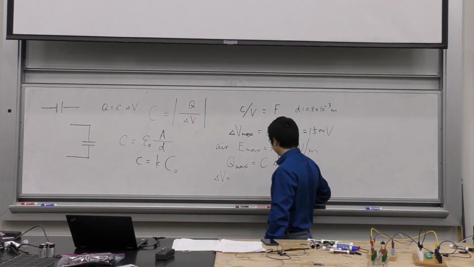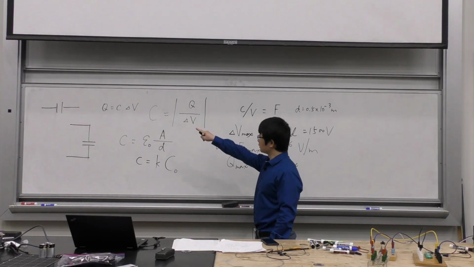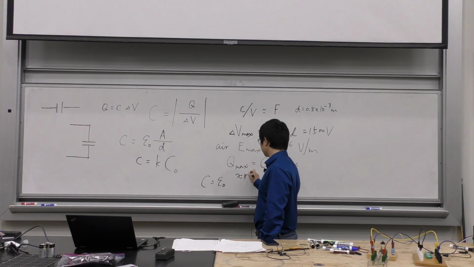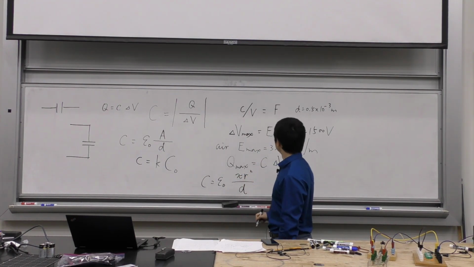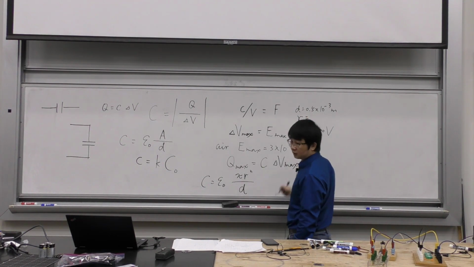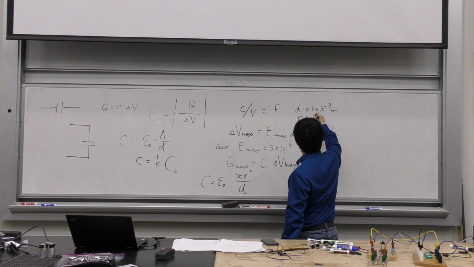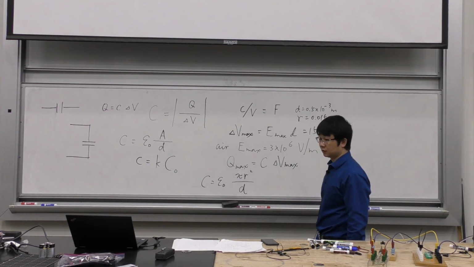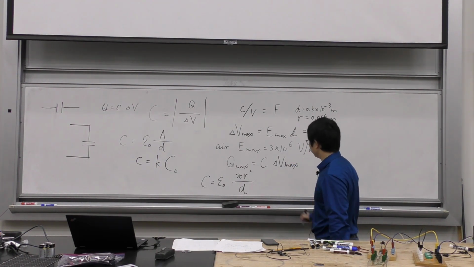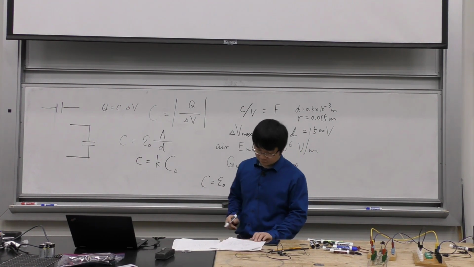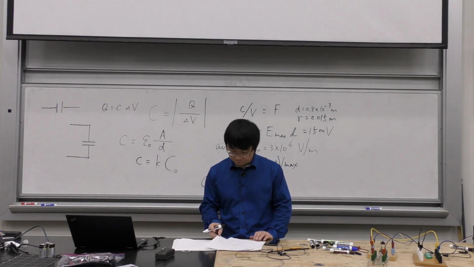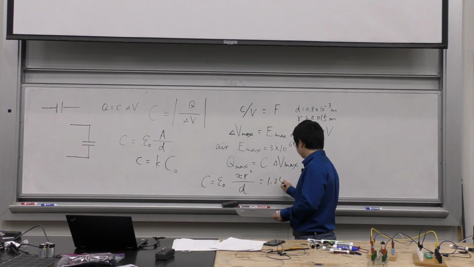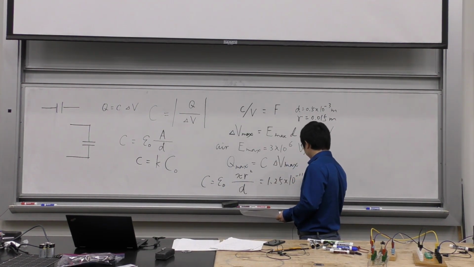Well, I'm going to first calculate the C using epsilon naught times pi r squared divided by d. The r from the problem is 1.5 centimeters, right? So that's going to be 3 centimeters in diameter. You put them together, and the C I found is 1.25 times 10 to the negative 11th farads.